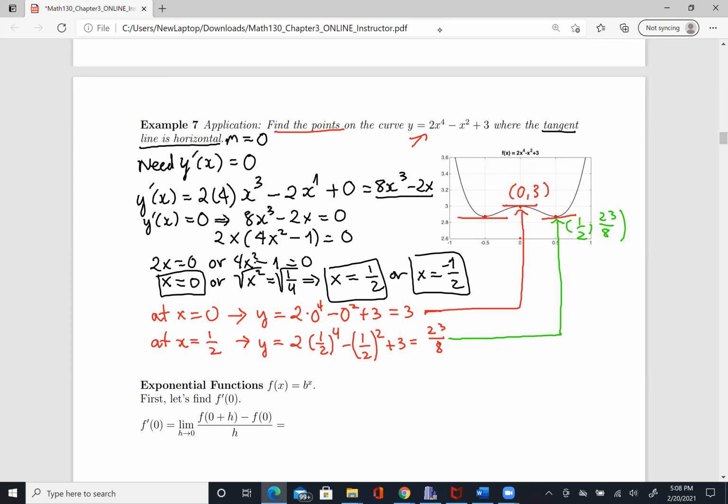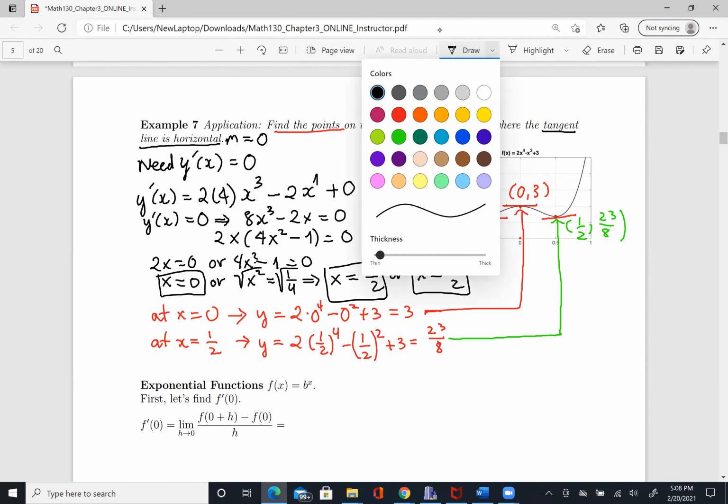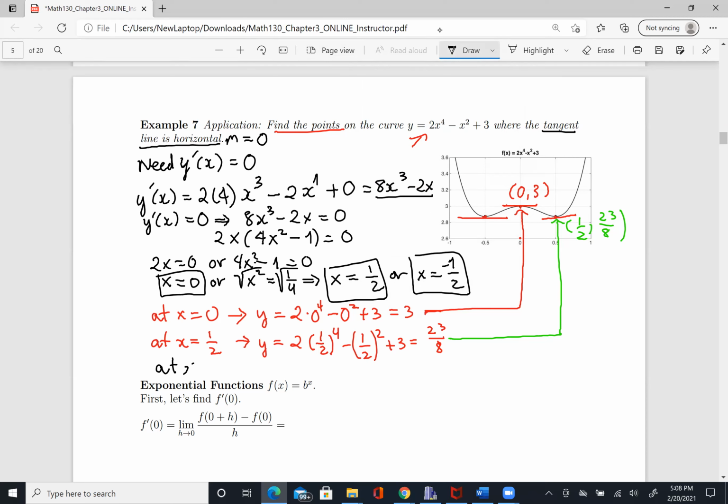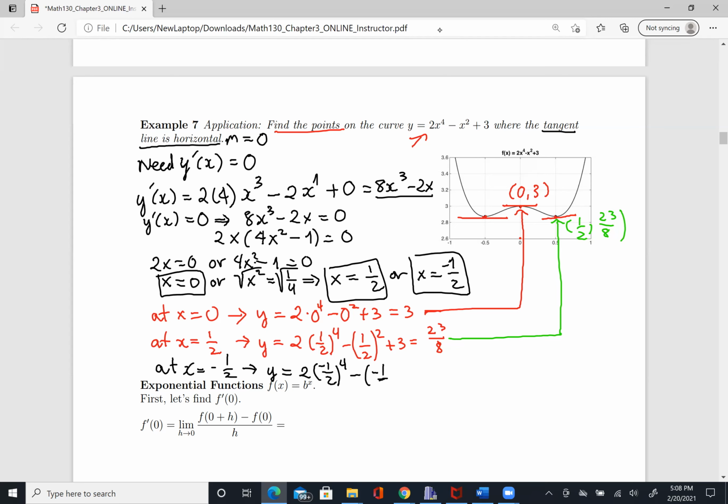And the last one, with the black one, x equal to -1/2. Y equal to 2 times (-1/2) to the power 4 minus (-1/2) squared plus 3, and that still gives you 23 over 8.